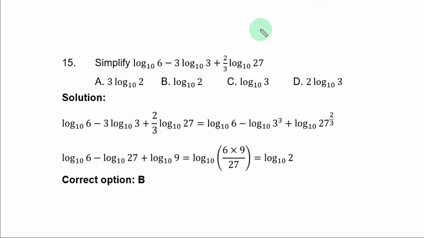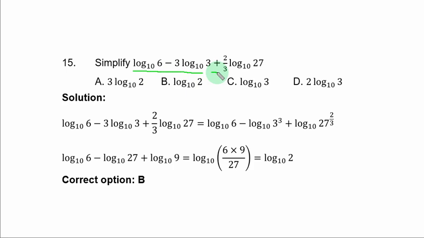Question 15. Simplify log 6 base 10 minus 3 log 3 base 10 plus 2 over 3 log 27 base 10. We have the same base all through, so we can apply the subtraction law and addition law.